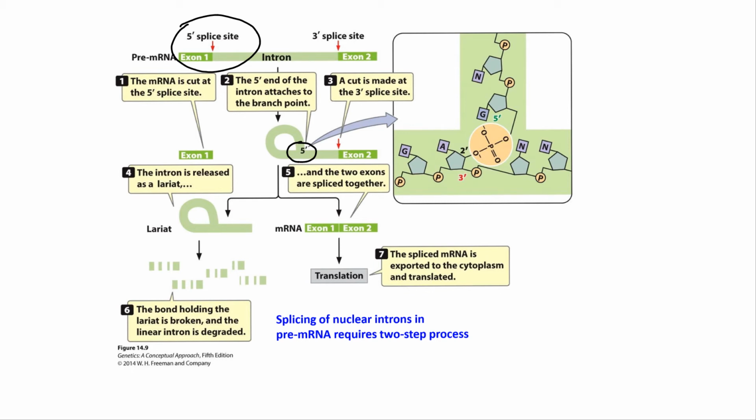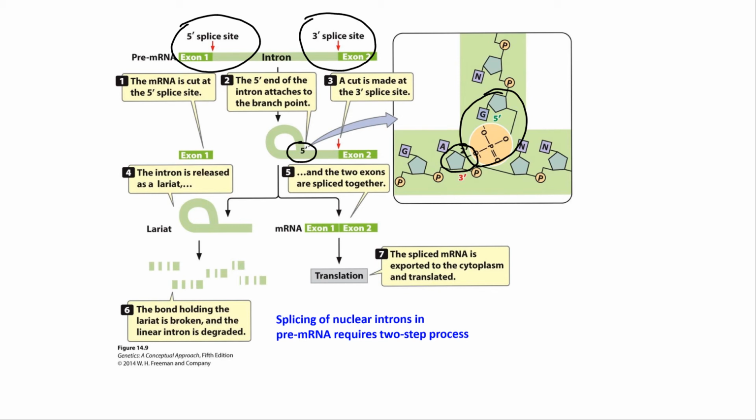Within these reactions, the guanine, which you remember is within the consensus sequence of the 5' splice site, will interact with adenine so that the 5' phosphate group of the guanine nucleotide now attaches to the 2' hydroxyl group of the adenine. This attachment triggers the second step, which is 3' splicing.